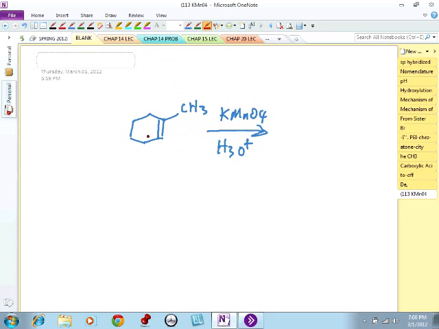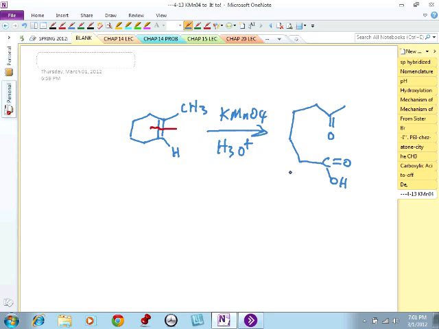We are going to cleave this. Keep in mind that this carbon here is attached to a hydrogen. So this carbon becomes a carboxyl group. And this carbon that has no hydrogen becomes a ketone. So therefore, you are going to get this. You get that?